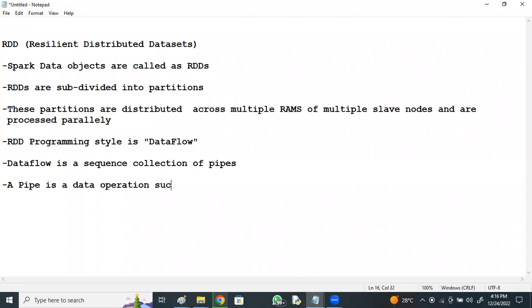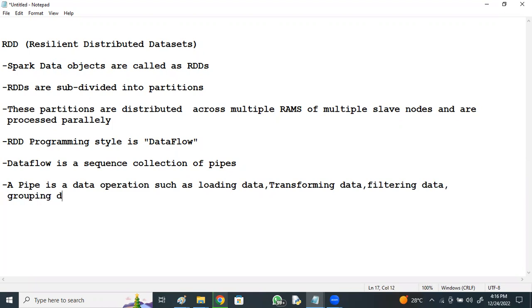Yes. Data operations such as loading data, transforming data, filtering data, grouping data, merging data, etc. Right?